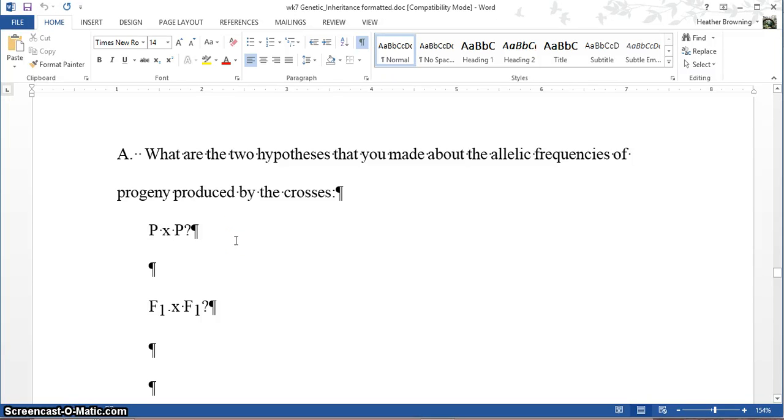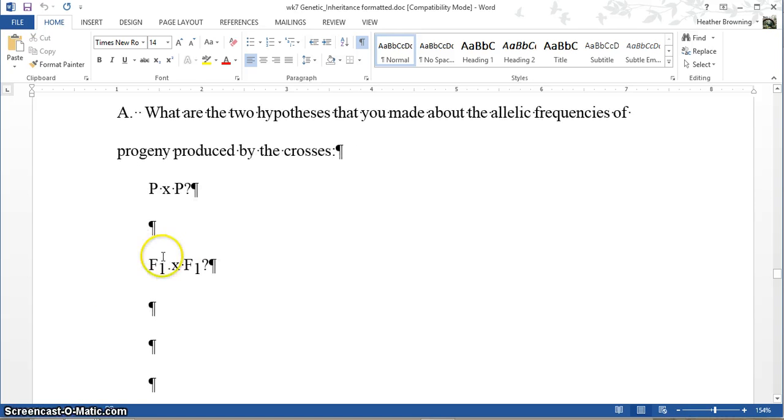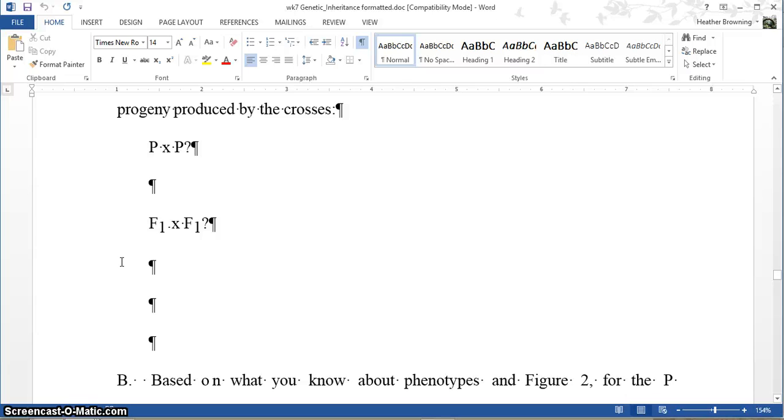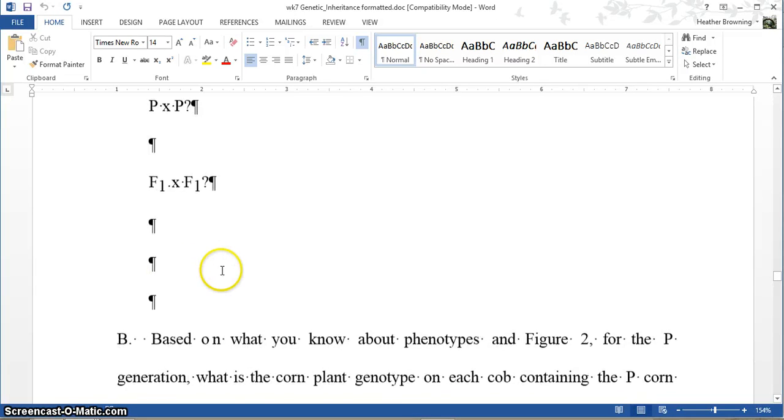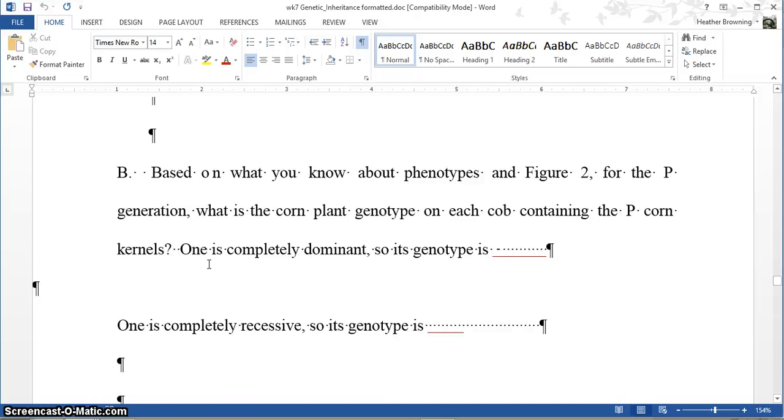So, what are the 2 hypotheses that you made for these crosses? So parent times parent, what did you say about the F1s? Here's the F1 times F1. What did you say about the F2s? What do you expect to see?